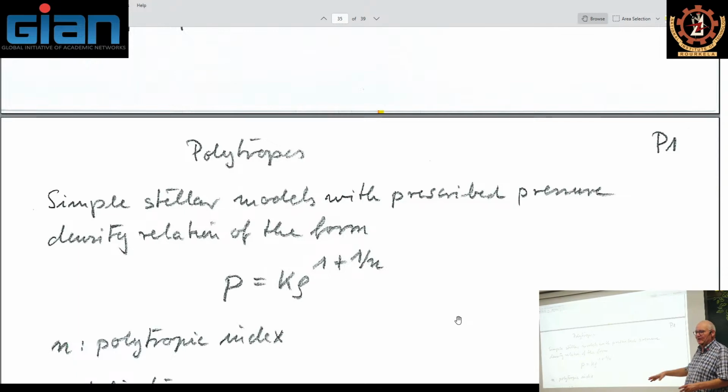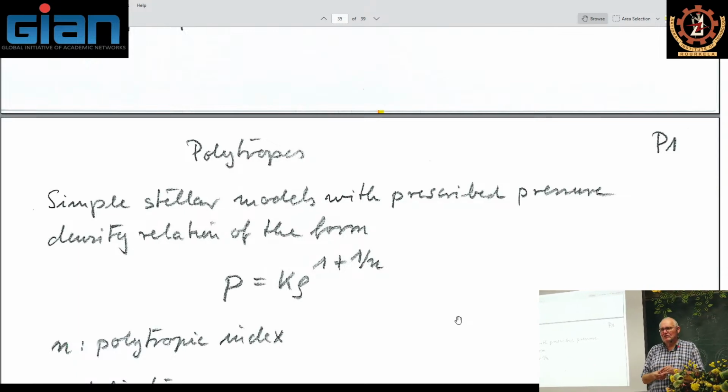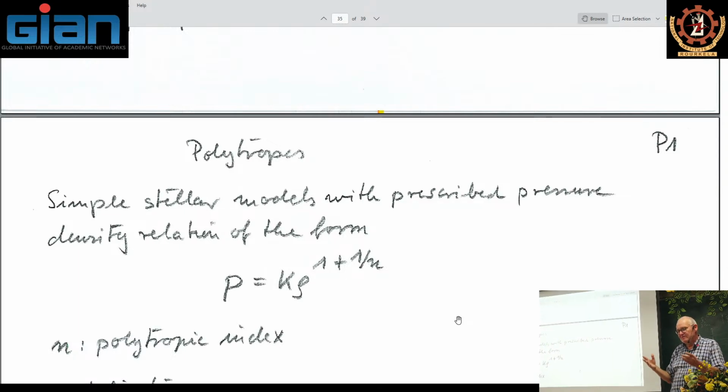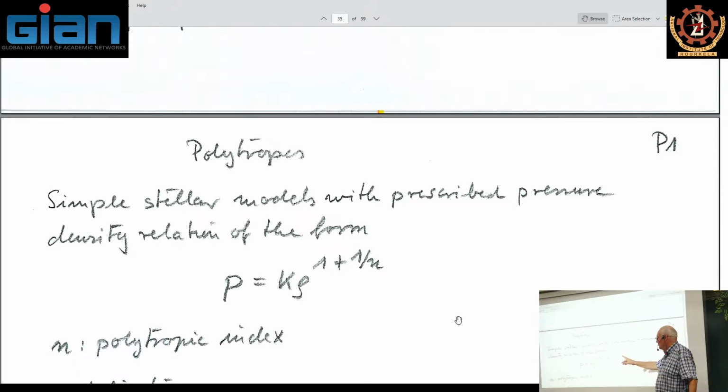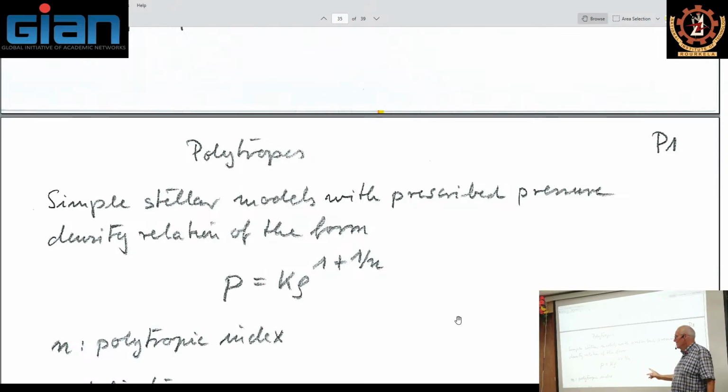So it's very similar to what we considered before for the case of degenerate non-relativistic and relativistically degenerate stars. It is the construction of a stellar model with prescribed pressure-density relation.